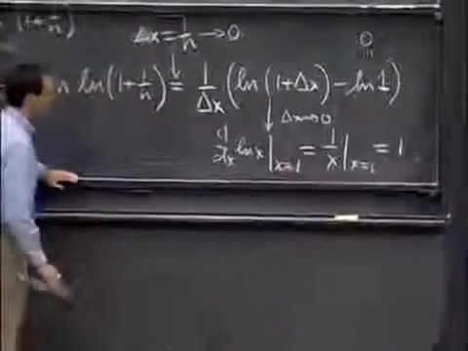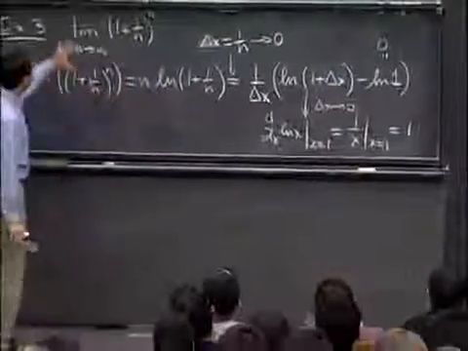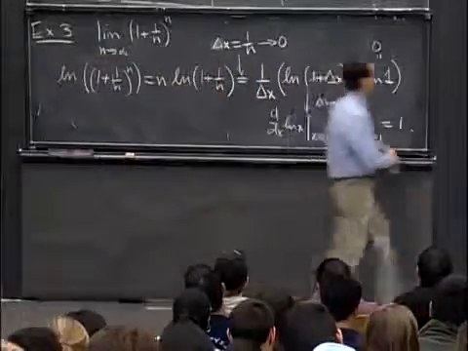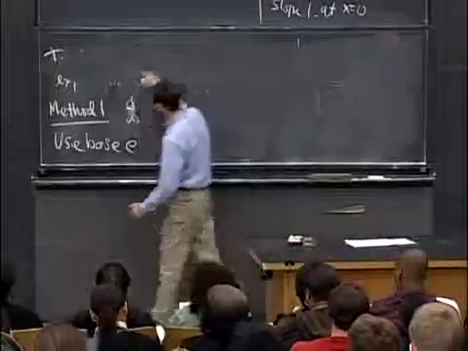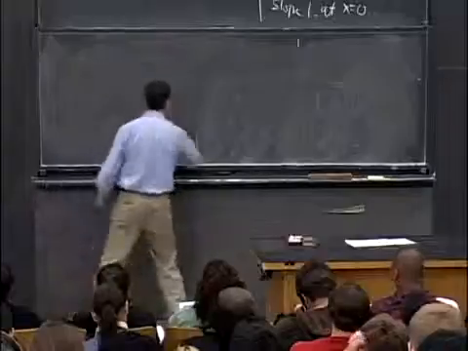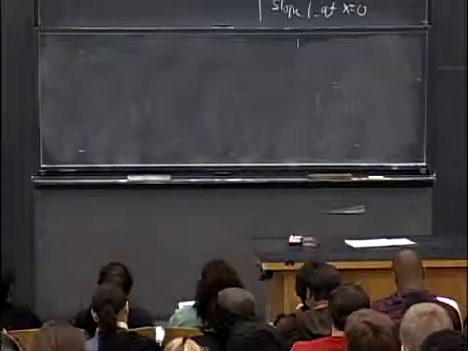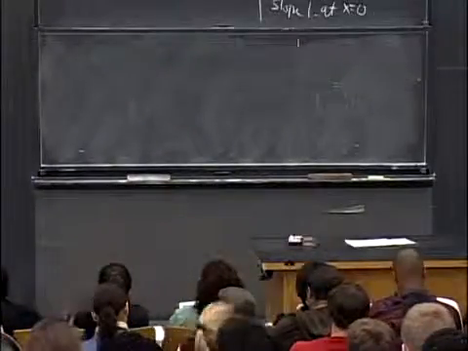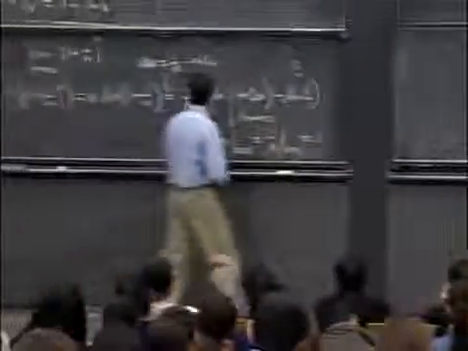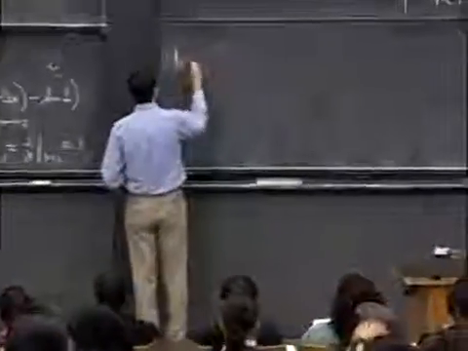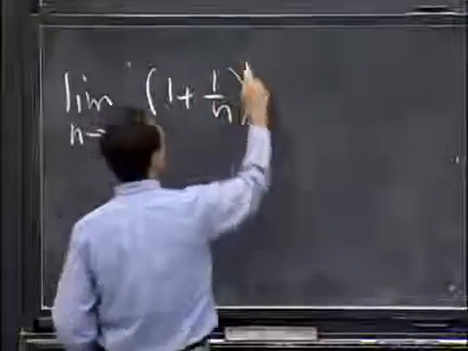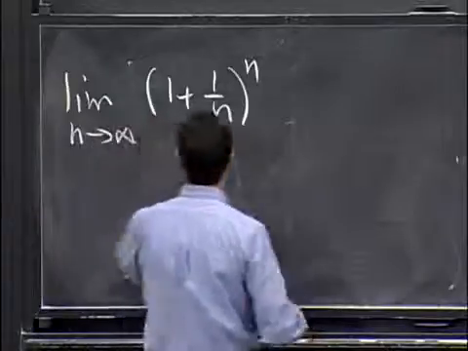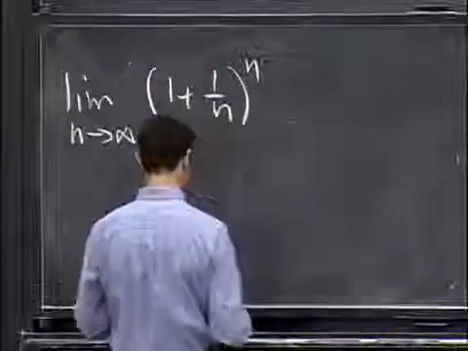We got the limit, and now we just have to work backwards to figure out what this limit that we've got over here is. So let's do that. The log approached 1. So the limit as n goes to infinity of (1 + 1/n)^n. So sorry, the log of this. Yeah, let's write it this way.